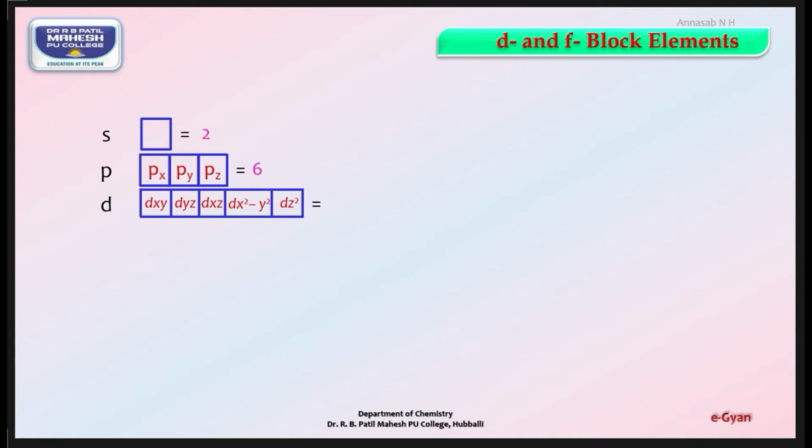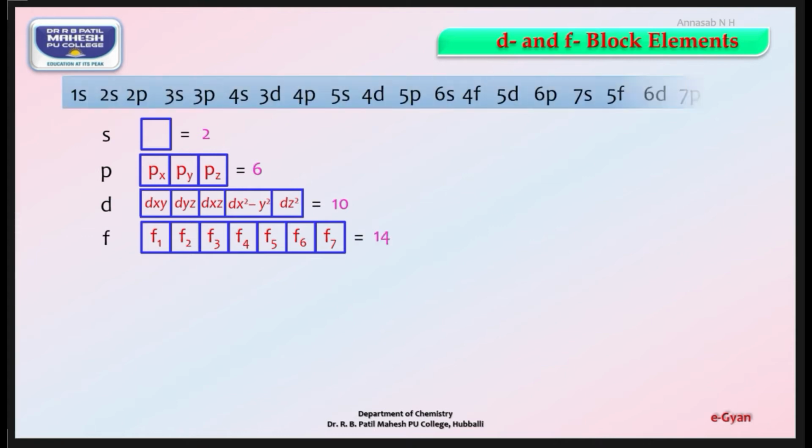Each orbital can accommodate maximum 2 electrons, so total number of electron accommodation in d orbital is 10. Similarly for f, there are total 7 orbitals, so maximum accommodation is 14 electrons. So we know how to write the electronic configuration in the increasing order of their energy according to above principle.